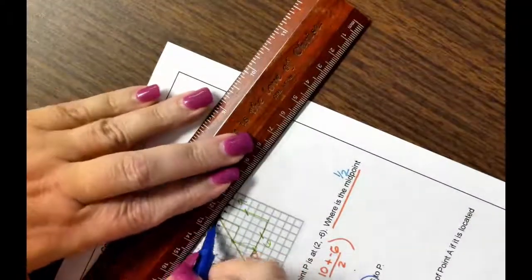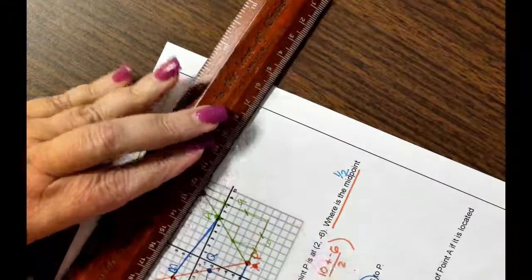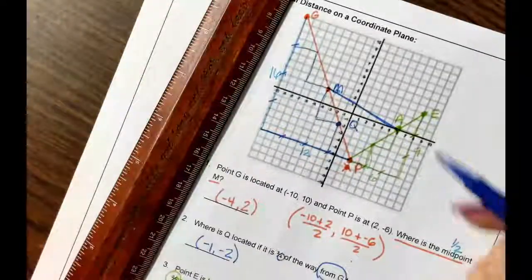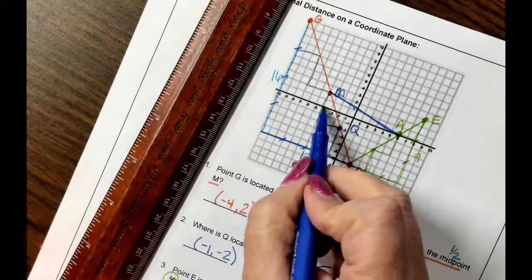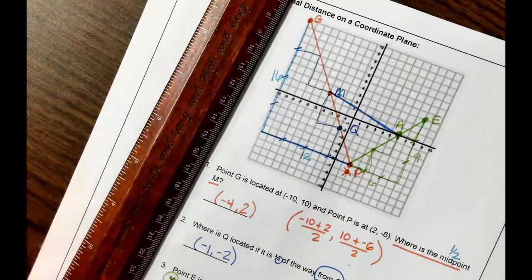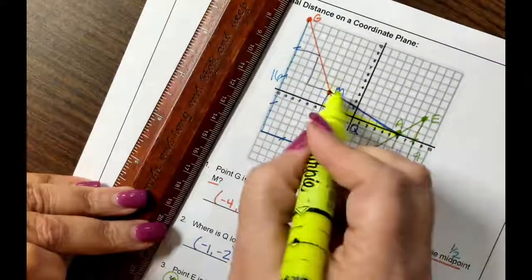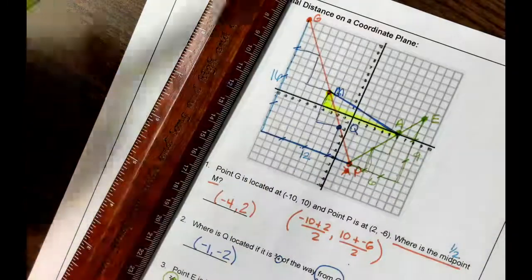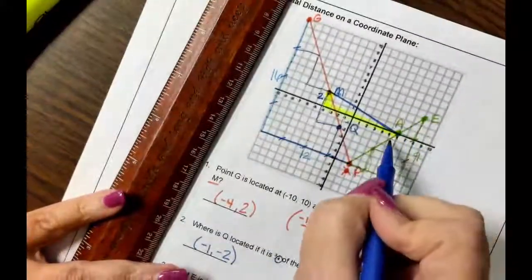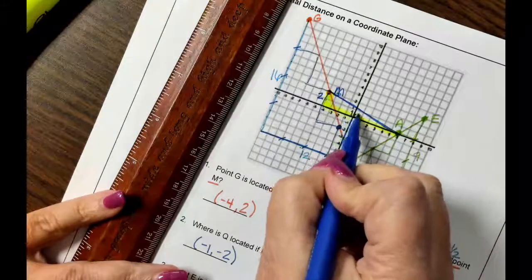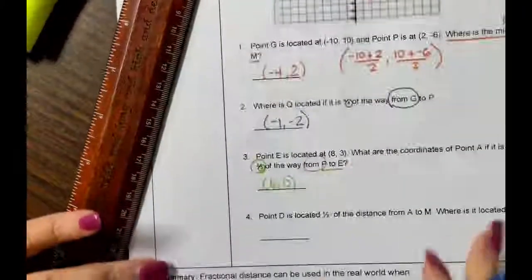Okay, halfway from A to M. If we break that A to M into our vertical and horizontal components, notice that this side right here, if I break this into this little right triangle, then this side is 2, and this side is 10. That little yellow side is 10. And I want to go halfway. It says halfway.